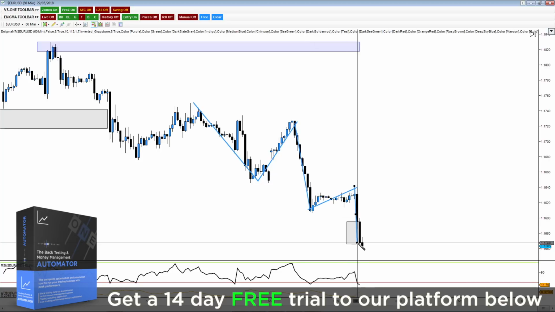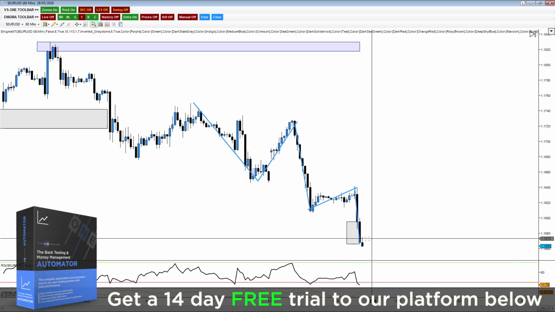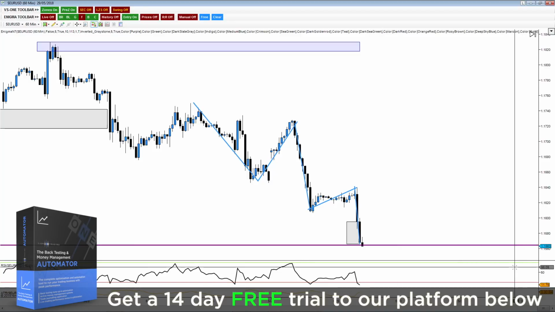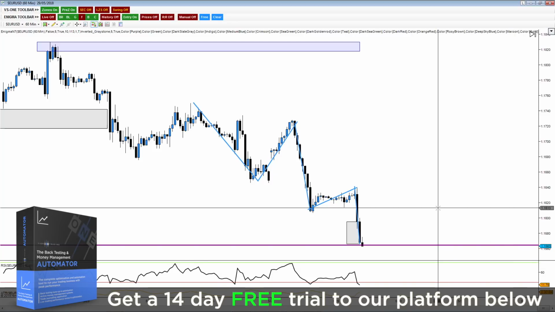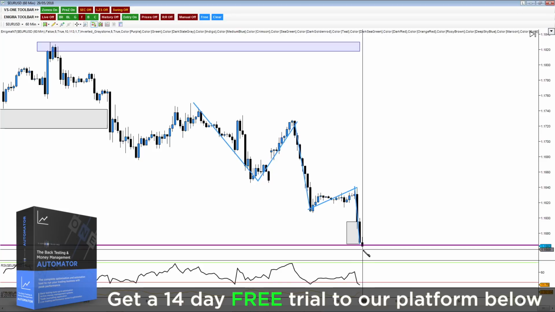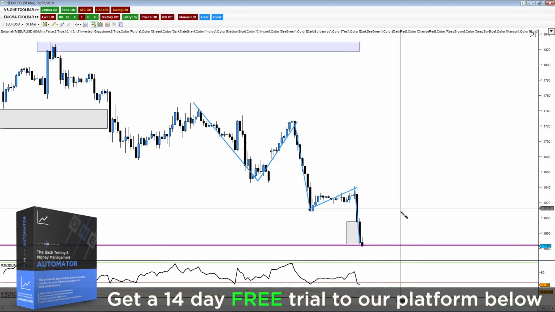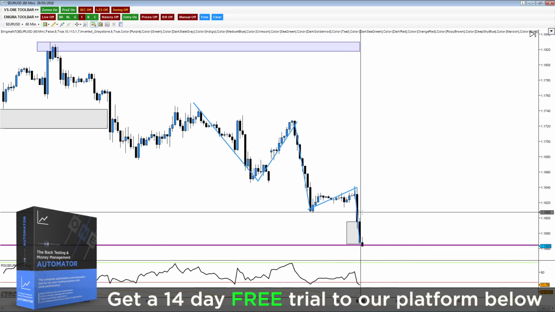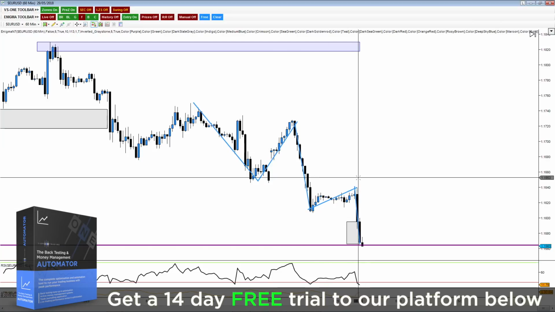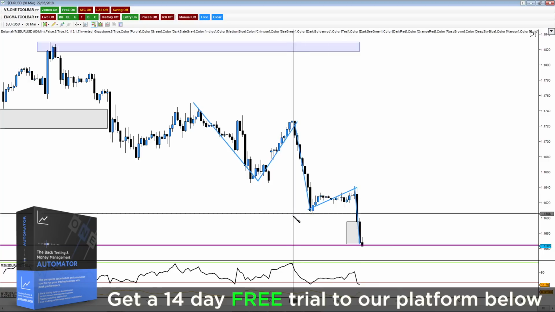And now we've got our new low, which just so happens to be right at that previous structure support level. And RSI has gone oversold here as well, which indicates that we might see a little relief here.